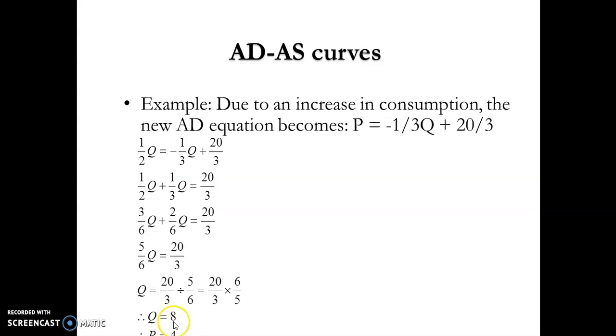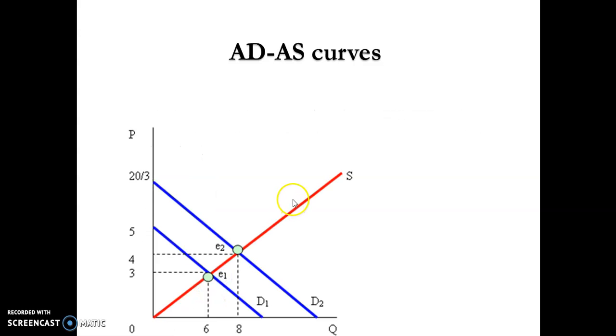And by taking Q equal to 8 and substituting it into either your aggregate supply or aggregate demand, you can solve for price level, and the general price level is equal to 4. So now this just represents a graphical illustration of your ADAS curves.